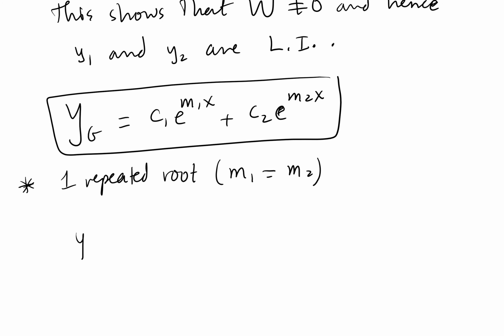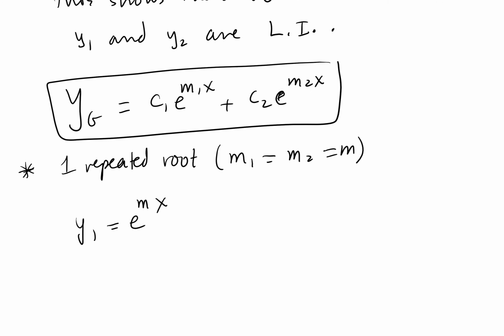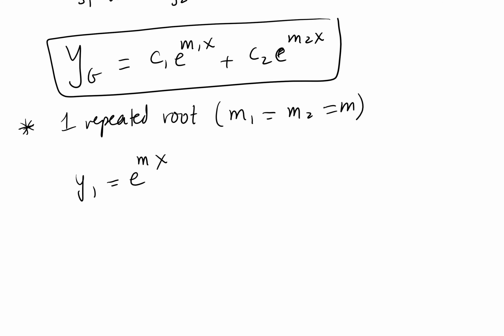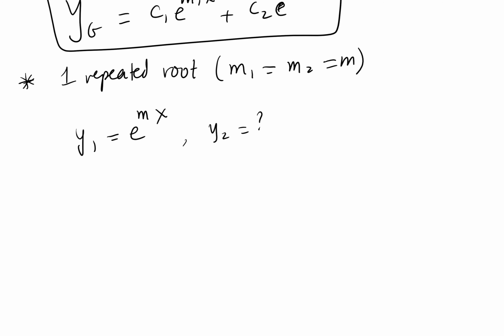So we can say y1 equals e to the mx, m or m1, whatever you like. So we can call this m. How do we find the second one? Can I take it as the same as e to the mx again? Well, we're going to prove why you can or you can't, or if you can't, what it is going to be.